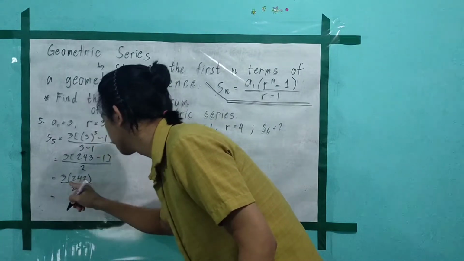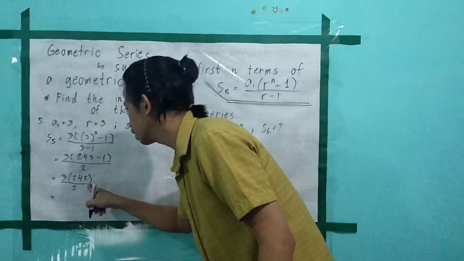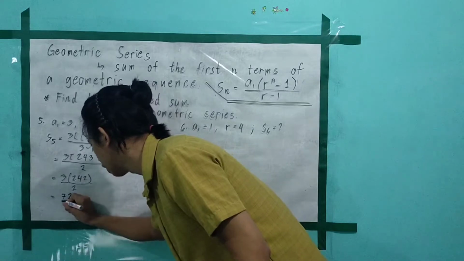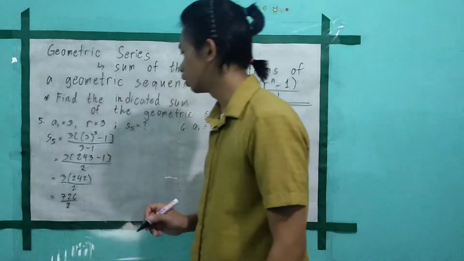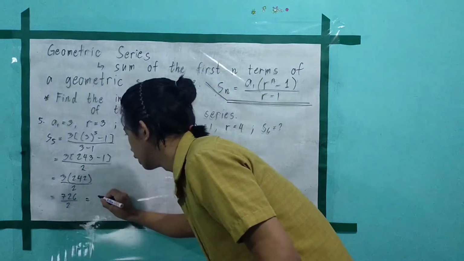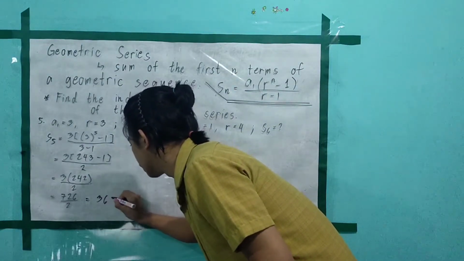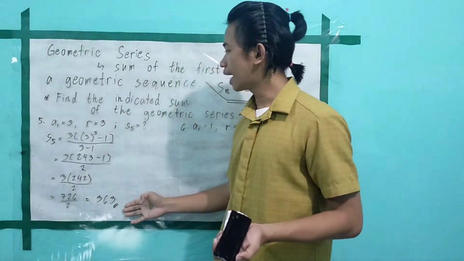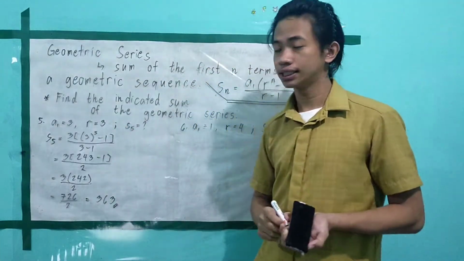So 3 times 242 is 726, divided by 2, we have 363. So that is the sum of our geometric sequence.